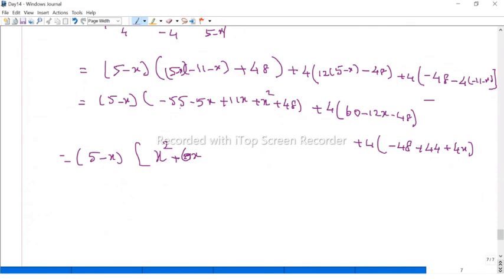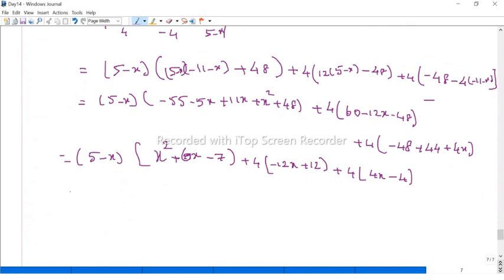Now this is 48 and this is 55, therefore should be minus 7. And here plus 4 times minus 12x, and this is 48, means 12 plus 12, and plus 4 times 4x minus 4.